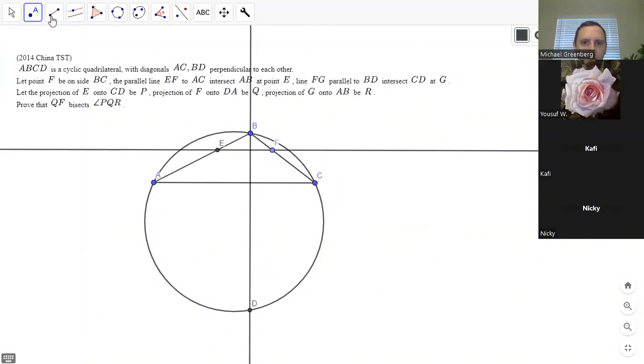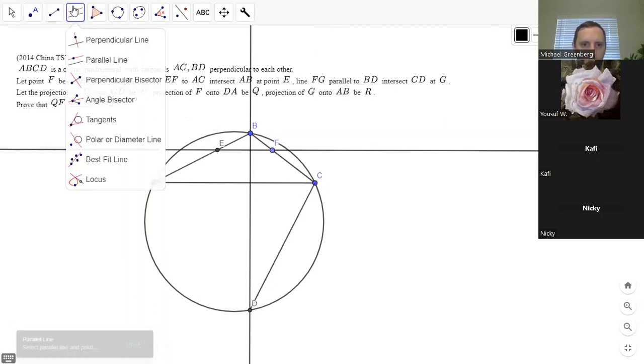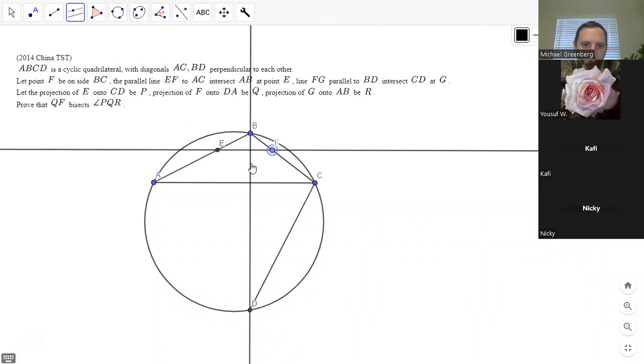Oh, this looks kind of interesting. Okay, so I don't know if I've seen this configuration before like this. So this is G. Then we project E onto CD.